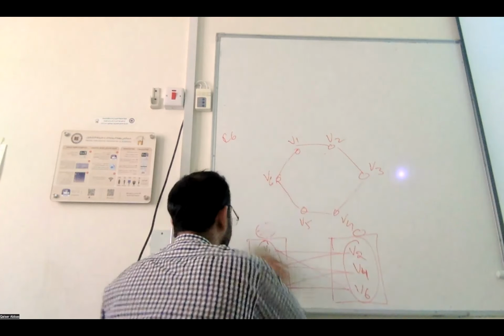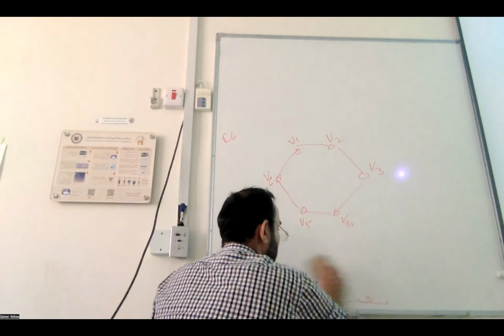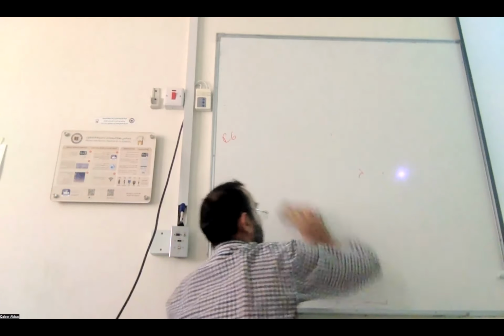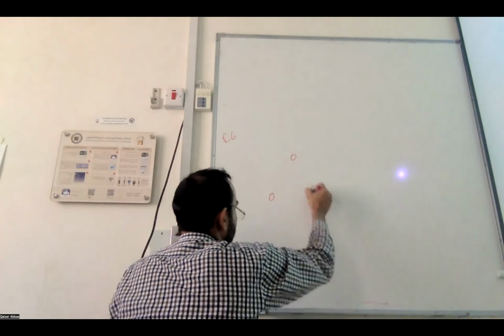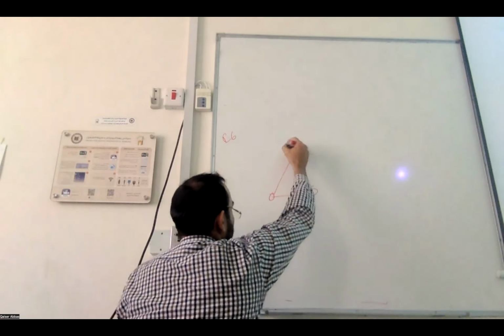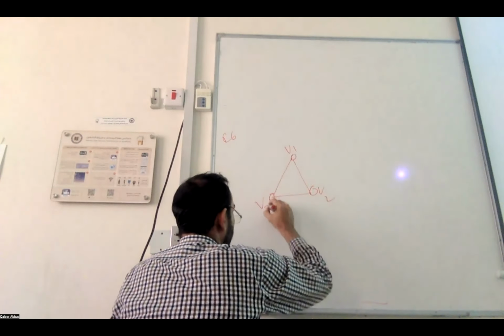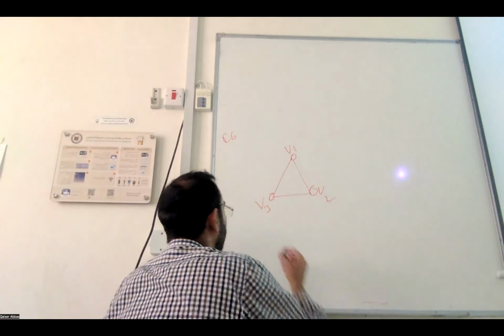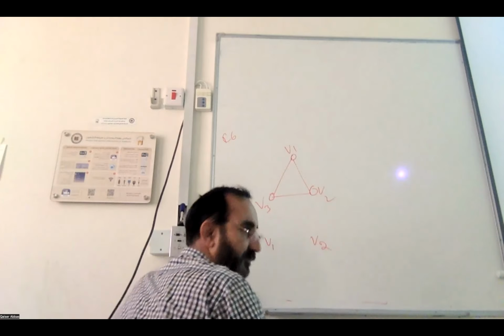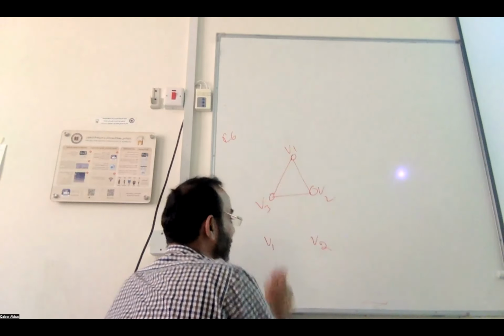Now, what was the other one? K3. Where is K3? This one, the triangle. So now we have this K3. Maybe I say V1, V2, V3. If I keep V1 here, V2 here, V3 is connected with V1, so I cannot keep it here.